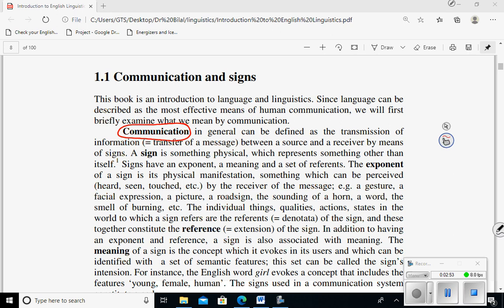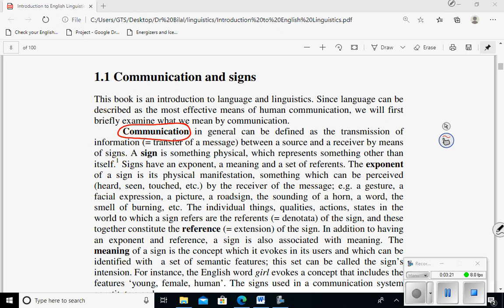And pay attention that the word sign here does not mean the regular meaning. Sign here means something physical. When we say something physical, it means that you can feel it, you can hear it, you can smell it, etc. So this is the idea of the word sign here. It is not the regular meaning of the word sign.